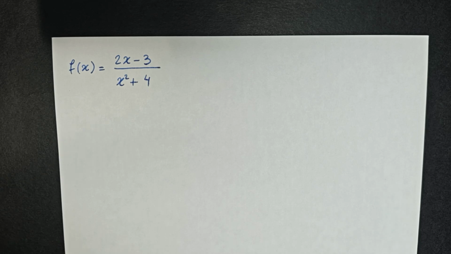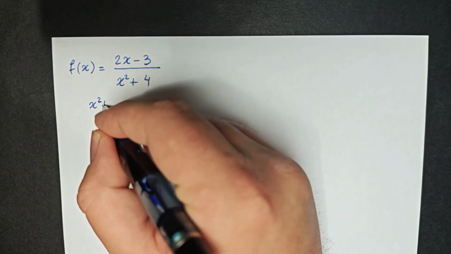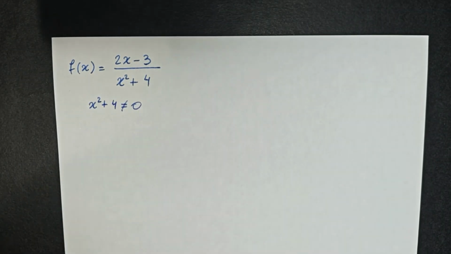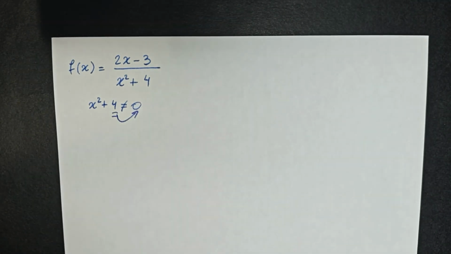The denominator of a fraction has to be different from 0 as division by 0 is not allowed. The denominator of our fraction is x squared plus 4, and that has to be different from 0. If we take 4 from the left side of the equation and move it to the right side of the equation, remember, if something changes a side of the equation, it changes its sign.